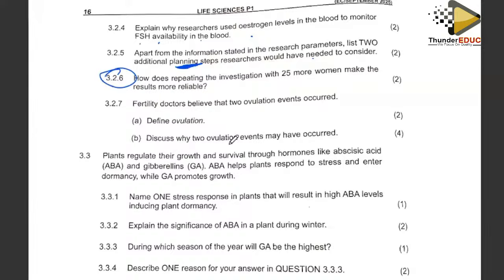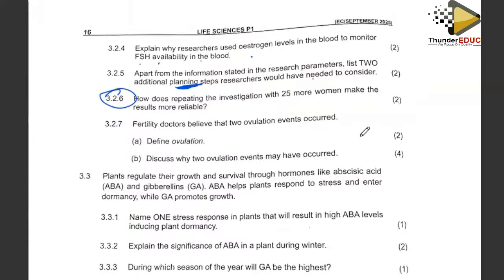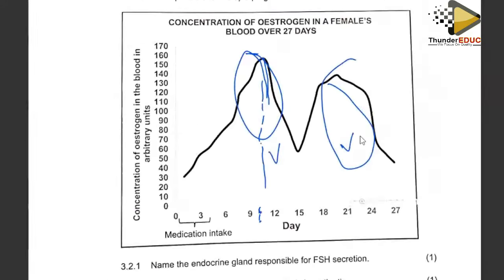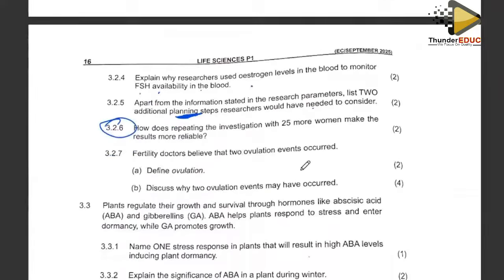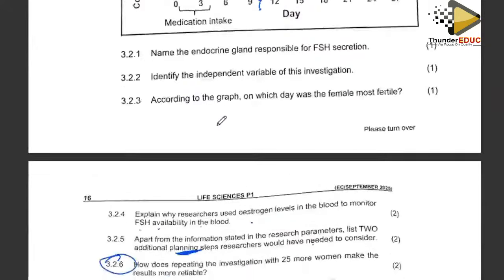Okay, discuss why two ovulation events may have occurred. So I can say that ovulation levels picked up. You see that you have two peaks. This is what I'm talking about. Two peaks are being shown on the graph, which shows estrogen. Remember this is the estrogen graph.